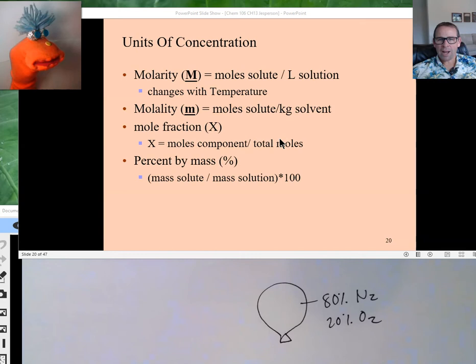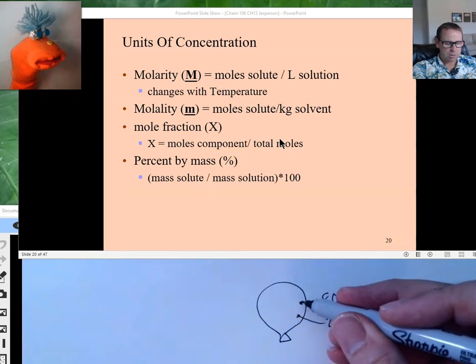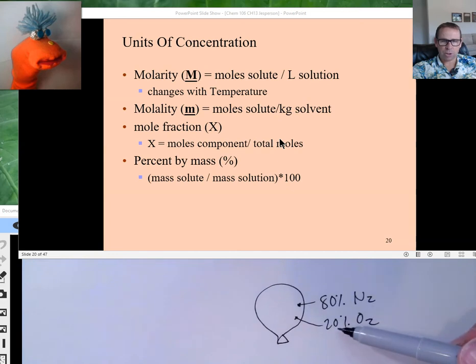The mole fraction can be determined. Now this 80% nitrogen and 20% oxygen gas can relate to the mole fraction in that 0.8 of all the moles of gas are nitrogen, and 0.2 of all the moles of gas are oxygen here. Okay? So that's our mole fraction.